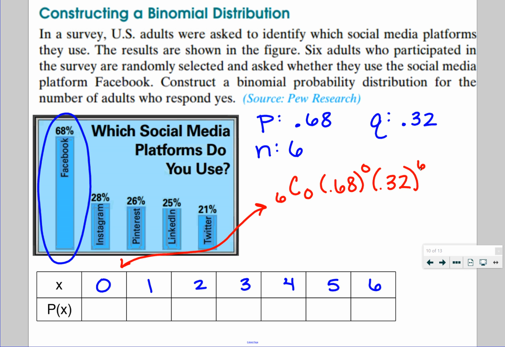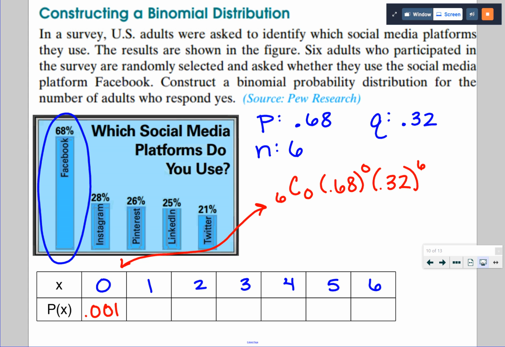And then you can type that in. So go ahead and do that real quick. 0 successes, 6 failures. I got 0.001. Yeah? Okay.